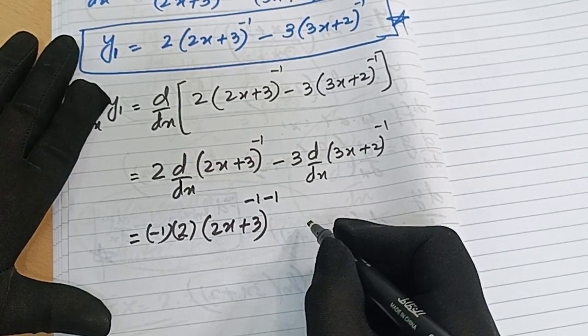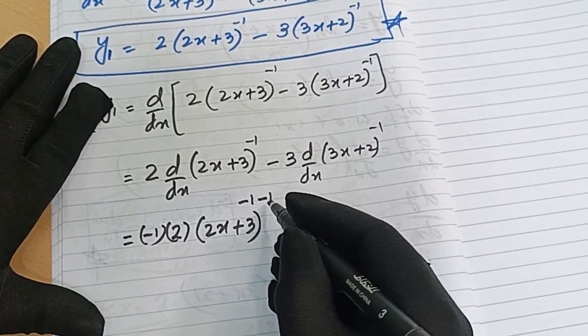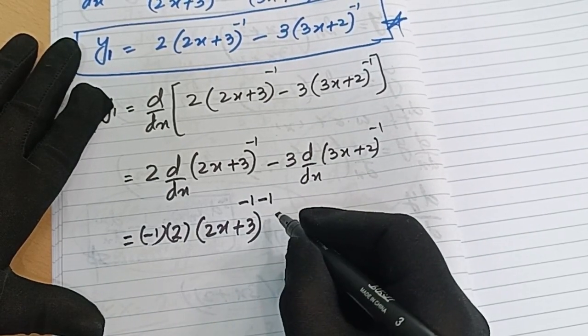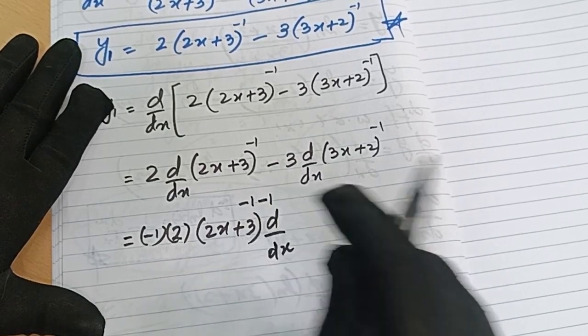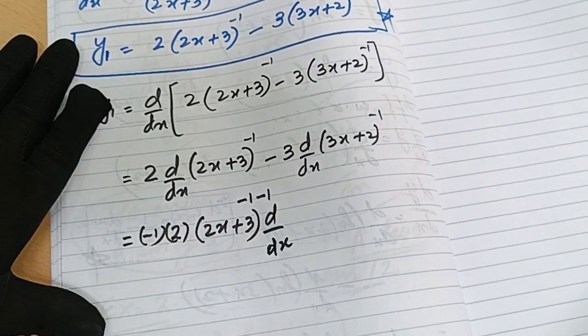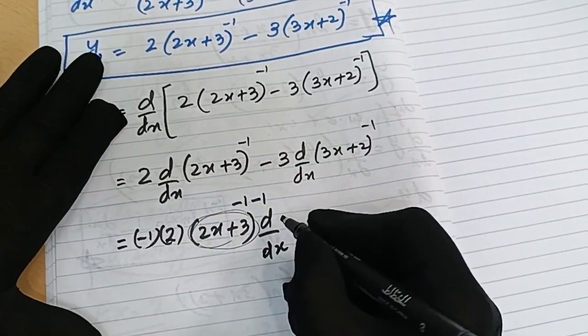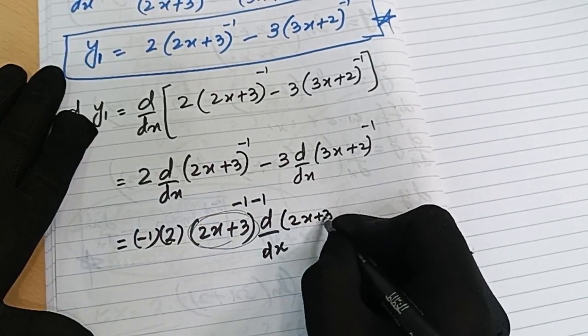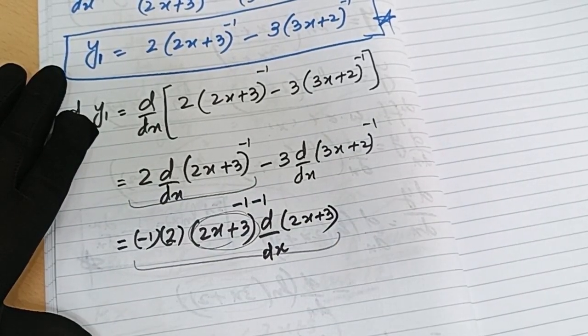If it's a positive number, I can write the reduced number over here easily. Okay, and now the derivative of this function under the power, 2x plus 3. Now the derivative of this is done till here.